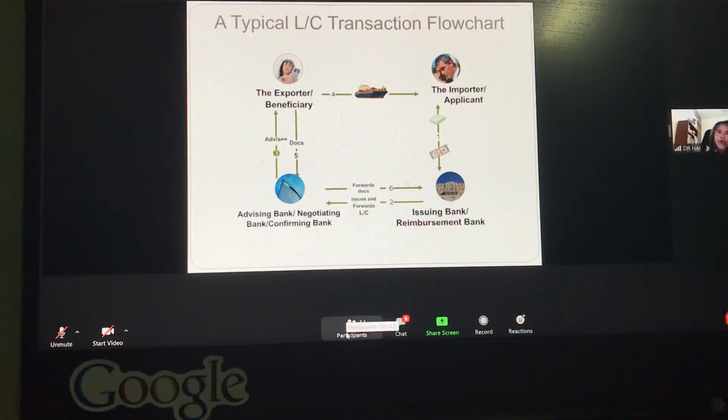Okay, what do you think about the bank, the exporter's bank? Does the exporter's bank face a risk? Yes or no? You all just explained whether the exporter or importer faces a risk, right? What about the bank of the exporter? Face risk or not?